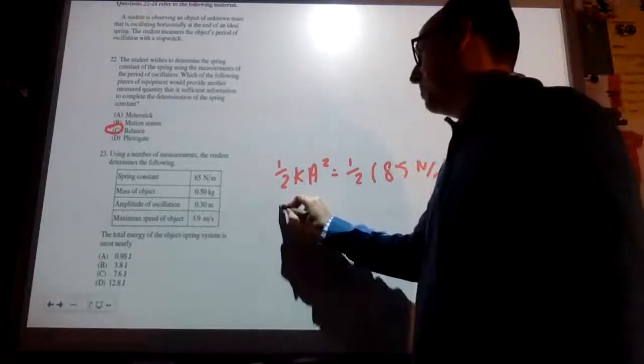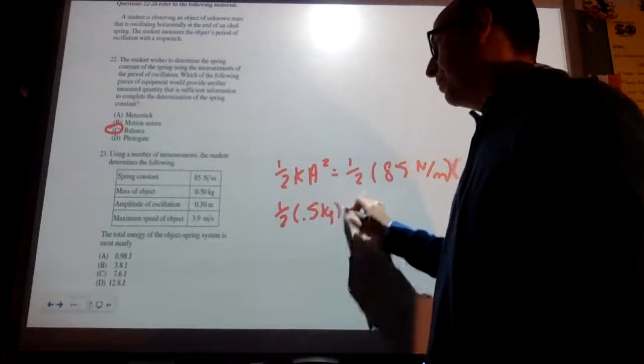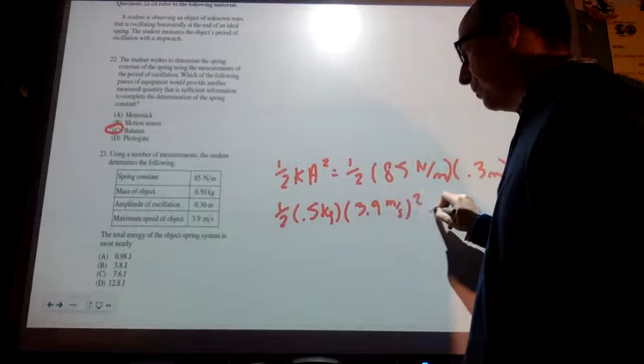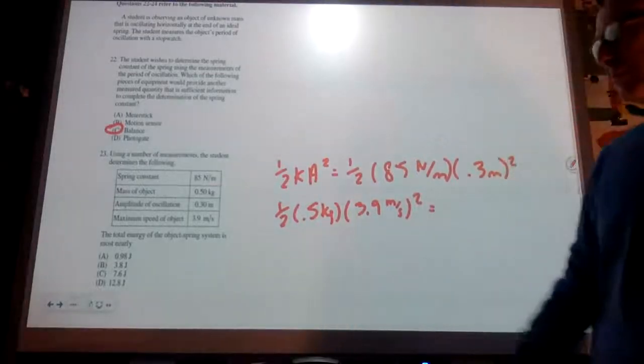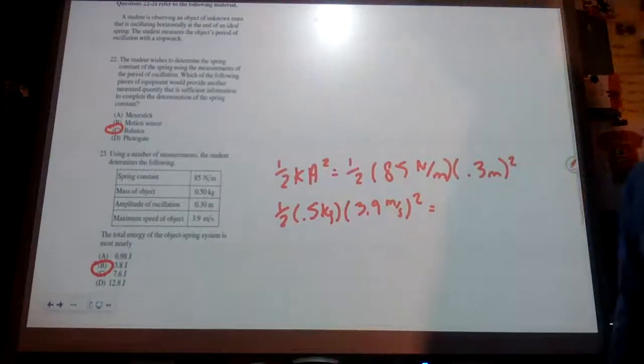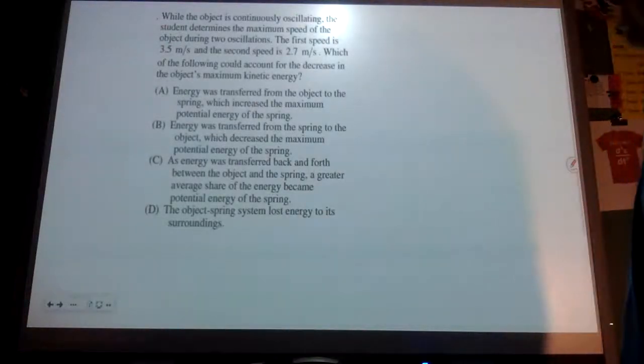We also know the maximum speed, so we could use this as well. I think both of those, each of them are 3.8. But that's the total energy. It's not 7.6.